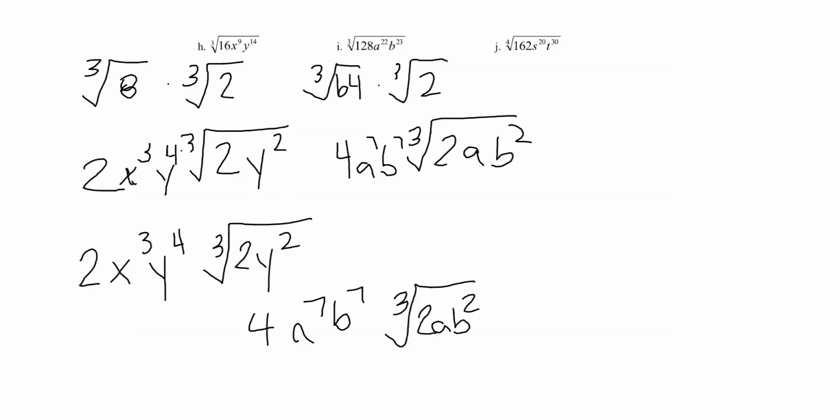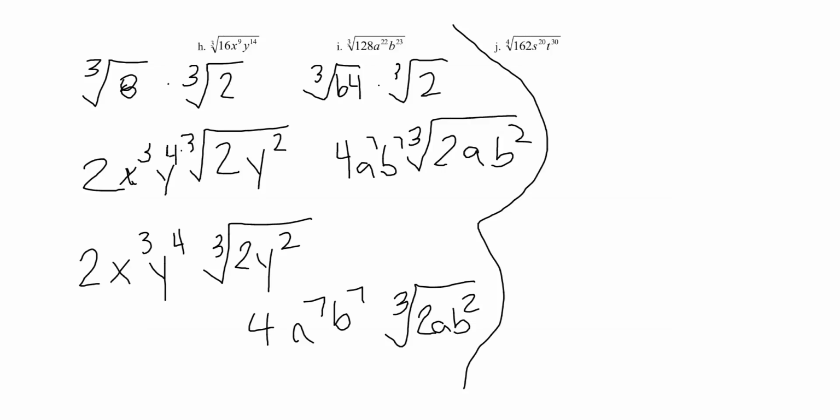All right, for J, we are going to draw a line down here just so I can have space. Okay. Now we're looking at the 4th root of 162, s to the 20th, t to the 30th. Not a perfect 4th root, but we can simplify it. 81 times 2 will also give me 162.